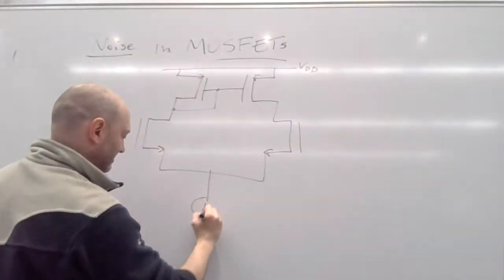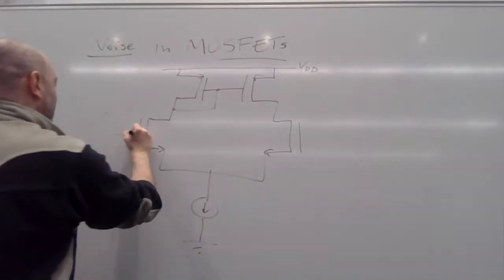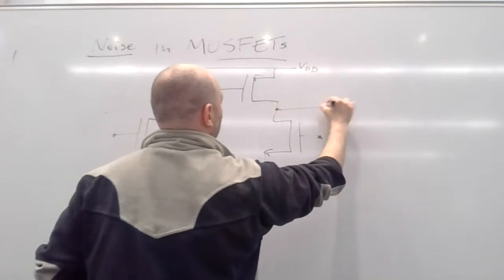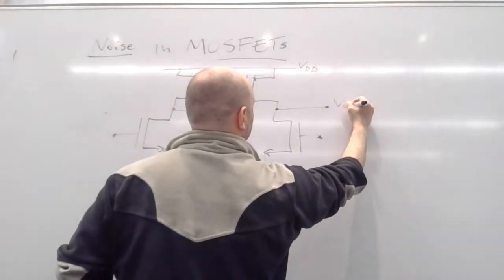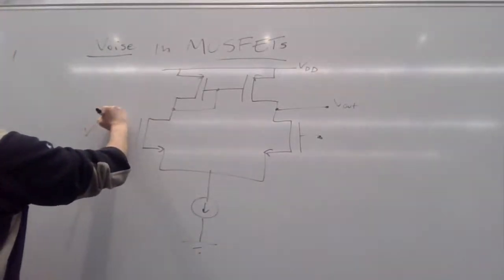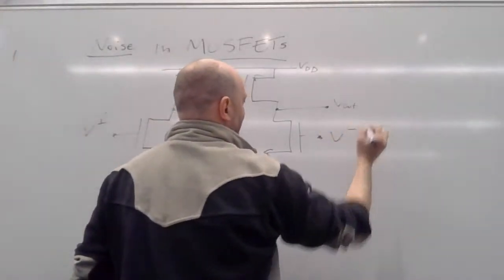This is our tail current generator. That is the output. And this will be the non-inverting input, and this will be the inverting input.